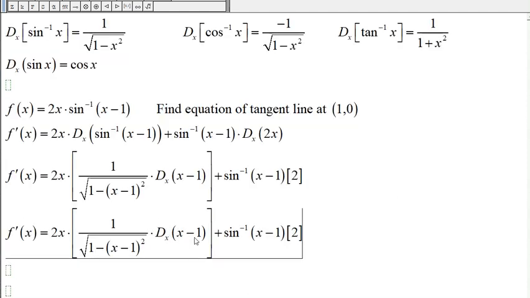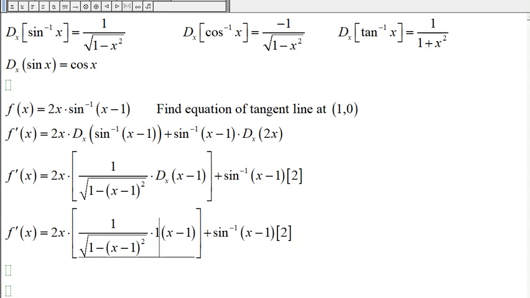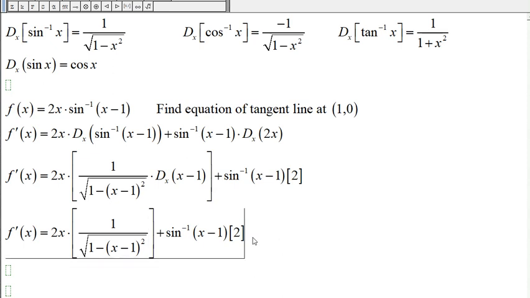And the derivative of x minus 1 is just 1. And then 1 times 1 would be just 1. And this is the derivative, and then we can go ahead and rewrite it like this.